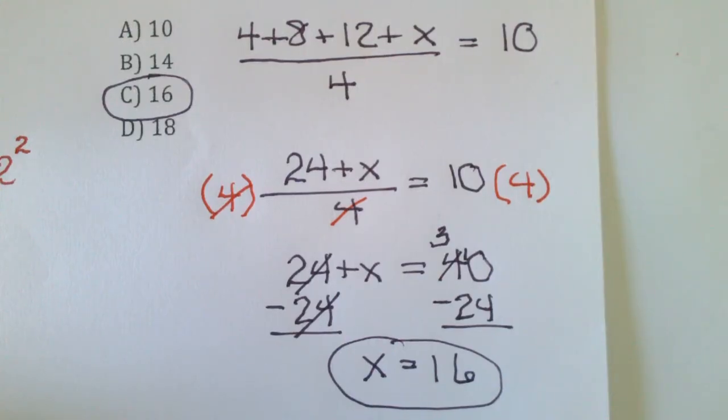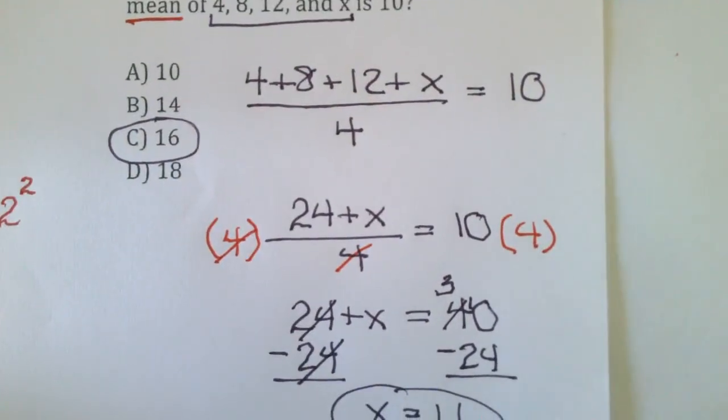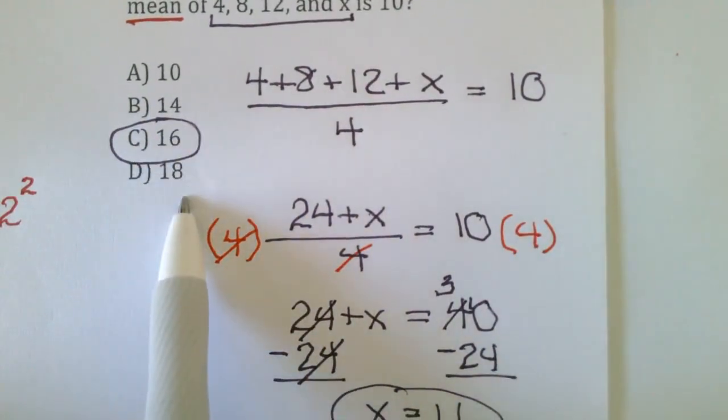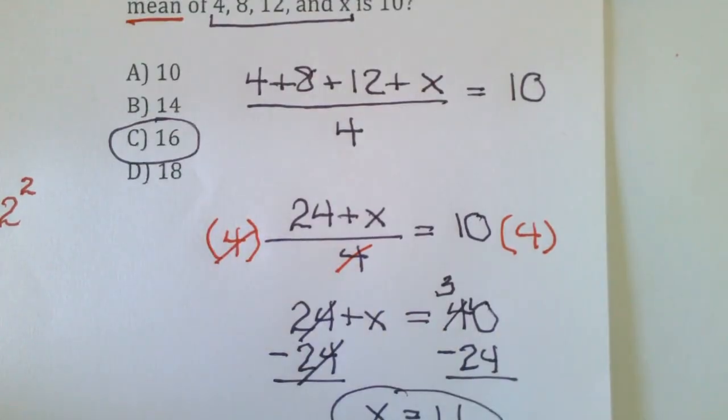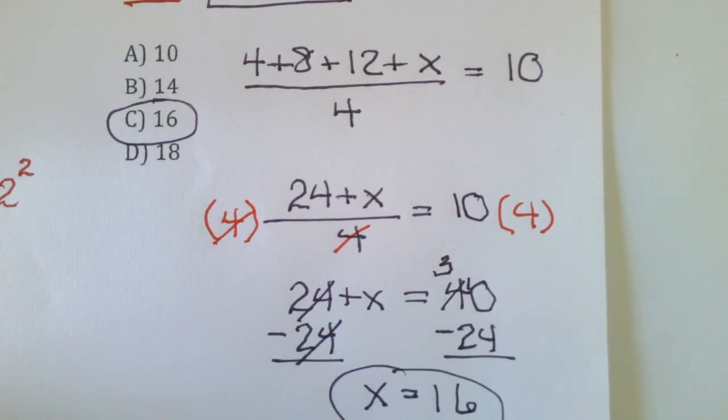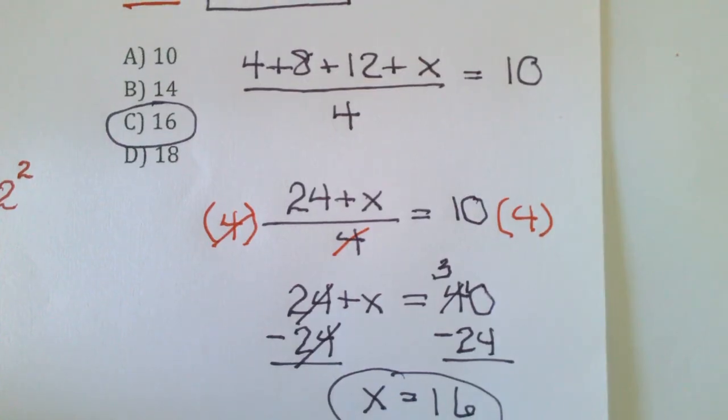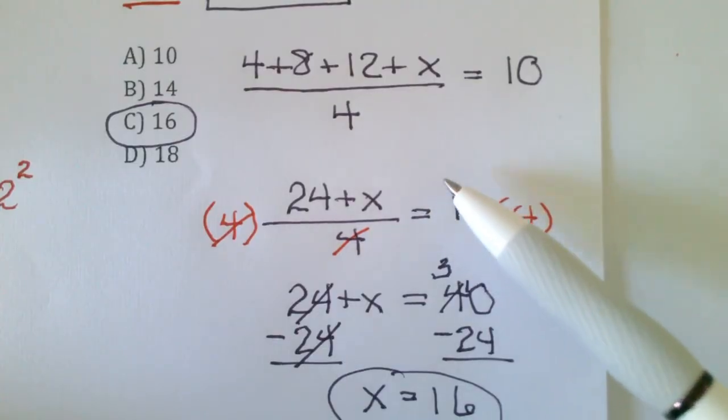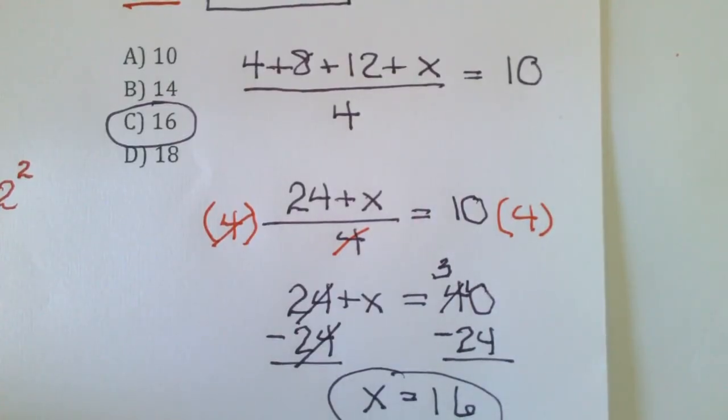Yep, you can do that as well. All right? But remember, when you do the whole substituting and using your answer choices, that's one way you can do it. But remember, you're given 1 minute to do each of your problems. If you're taking the ASVAB, you have 1 minute to do each of the problems.